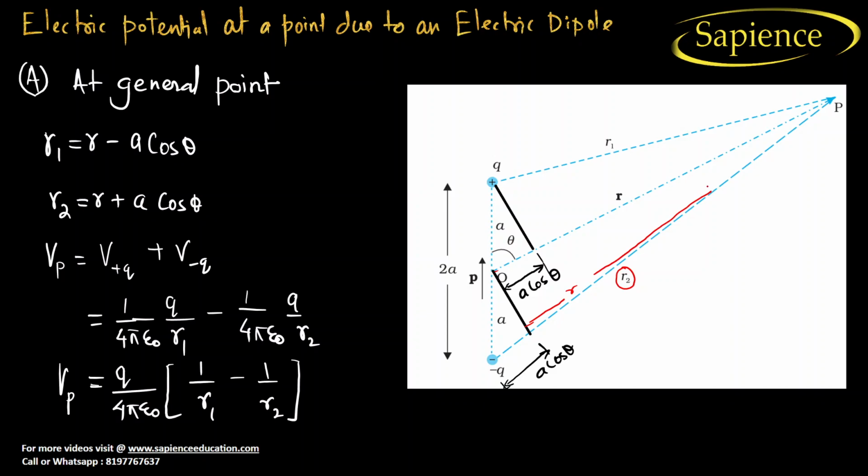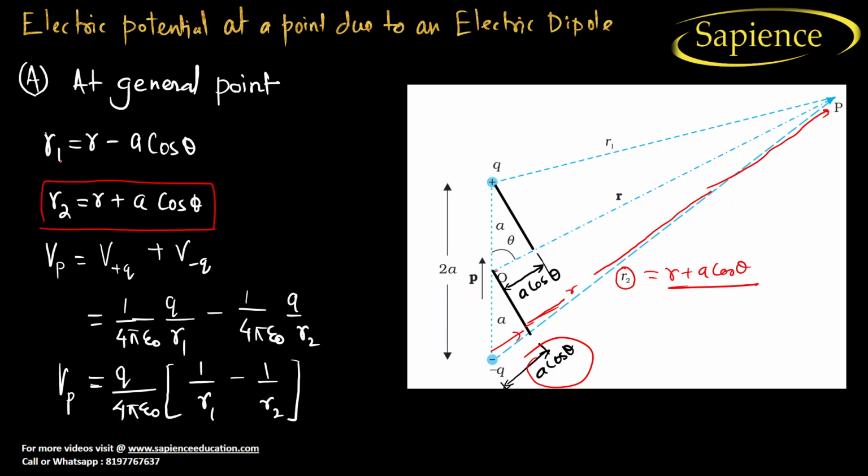So we can directly tell that this length is r. So r2 can be written as this distance plus this distance, and this distance you have got as a cos theta. So r2 can be written as r plus a cos theta. So you have got this equation without any tension.